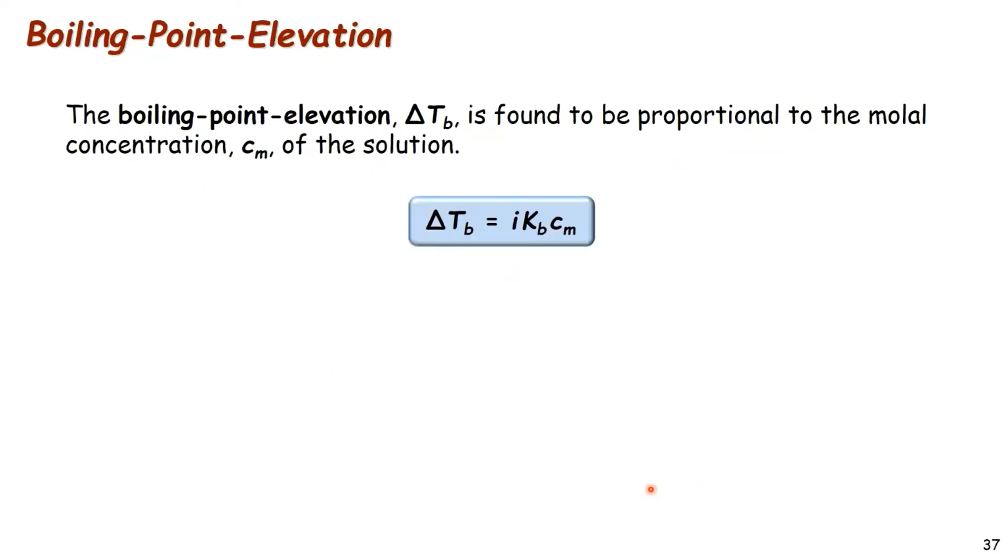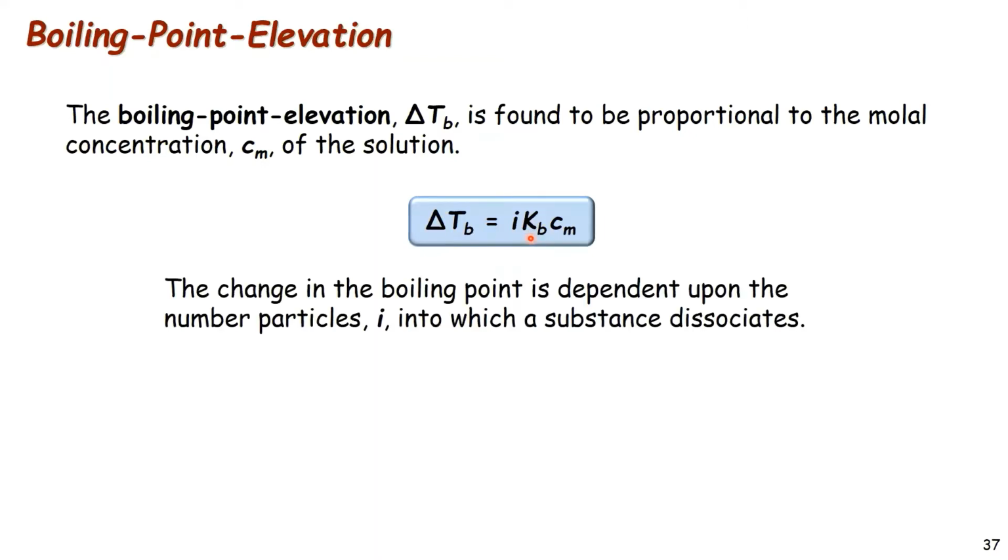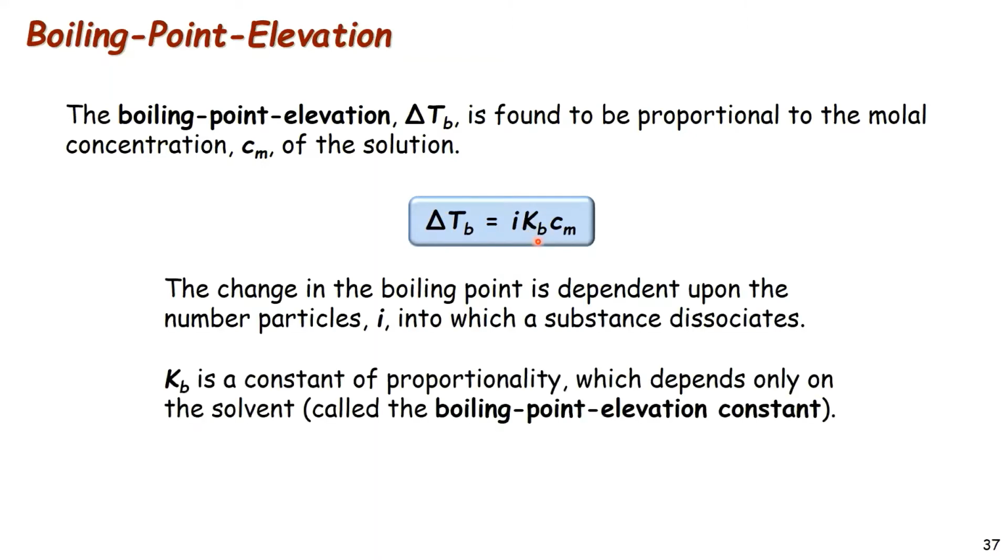So we can actually quantify that using this equation here. The change in the boiling point is going to be equal to the van 't Hoff factor times this proportionality constant, which we call the boiling point elevation constant, times the molal concentration. The constant is only dependent on the solvent.